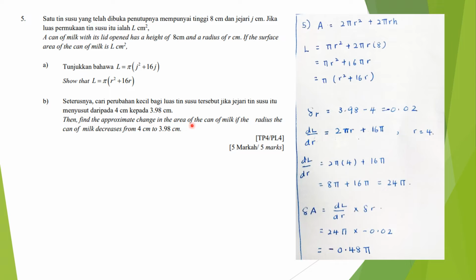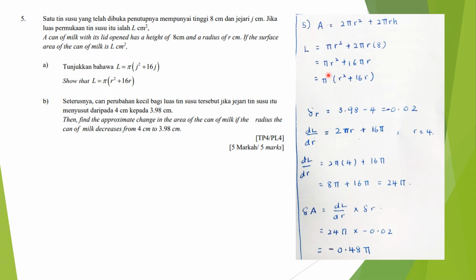Approximate change in the area, that means we are going to find delta L, since they said the area is L. Okay, so first we find the approximate changes in r. That means we take the new value 3.98 minus with 4, so we get negative 0.02.